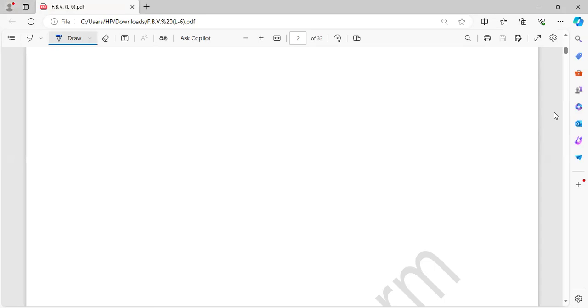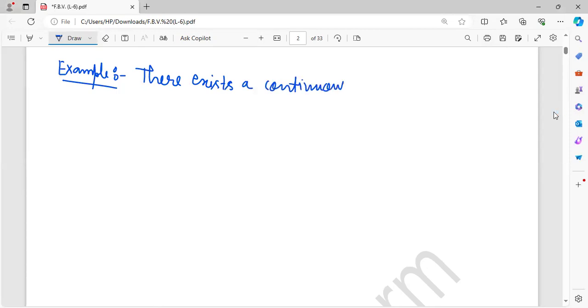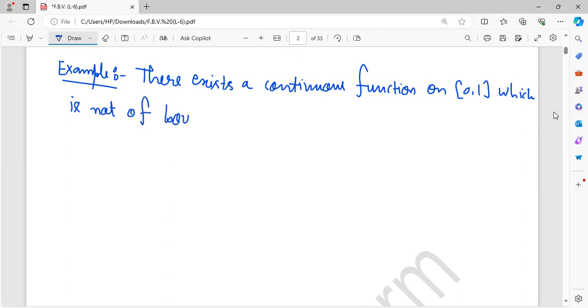Example: there exists a continuous function on the closed interval [0, 1] which is not of bounded variation.